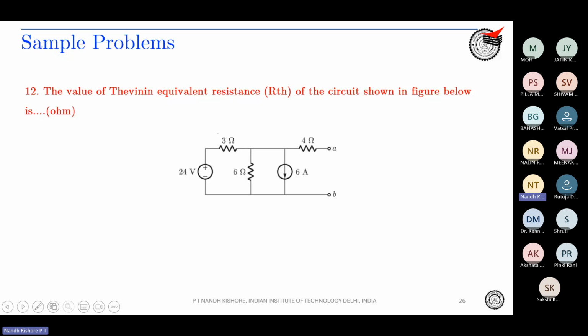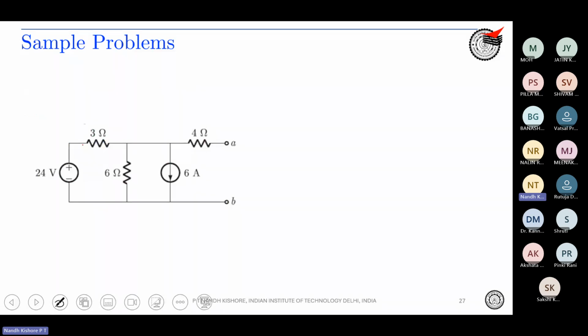So how do you do this? 3 ohm and 6 ohm in parallel and 4 ohm in series. Correct. So first, yes, you're right. In order to do that, what do we do? We disable the voltage source, which means we short it, and we disable the current source, which means we open circuit it, right?